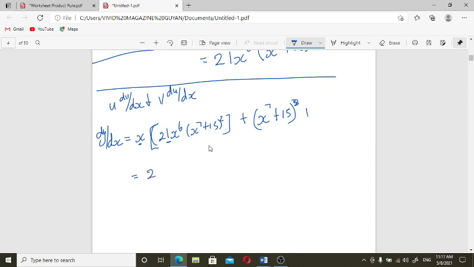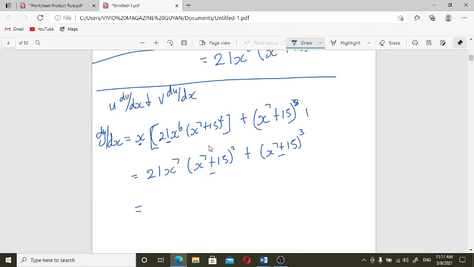So you have 21(x^7+15)^2 times (x^7+15), plus (x^7+15)^2... and this is times 1, so this is just going to be the cube. Now you take out what you can, so this is (x^7+15), also (x^7+15).